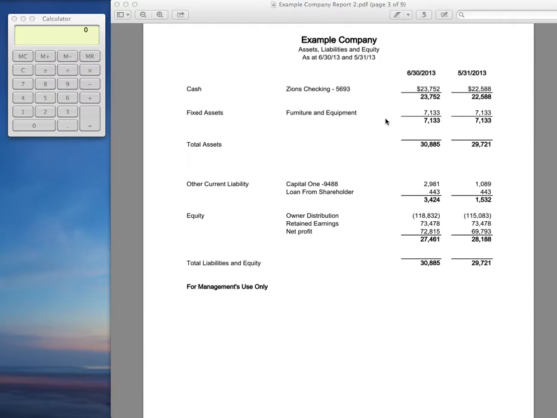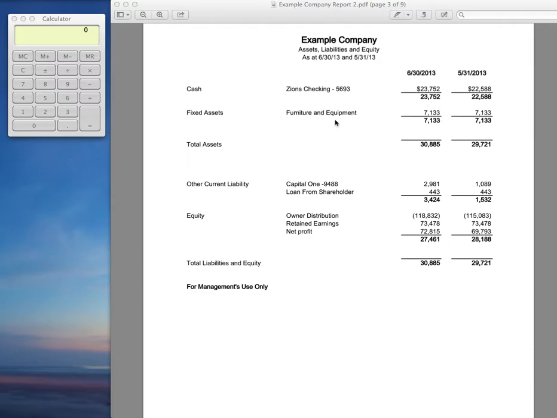If something is going to be used over the course of multiple years, then they have you capitalize it or place it in this asset account and then depreciate it over the course of future years. And so that's why we have these amounts here in the fixed assets, furniture and equipment, for example, and they're kind of stored here, lumped together here, instead of running through the profit and loss.